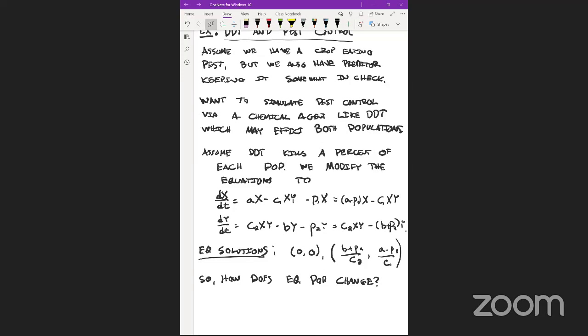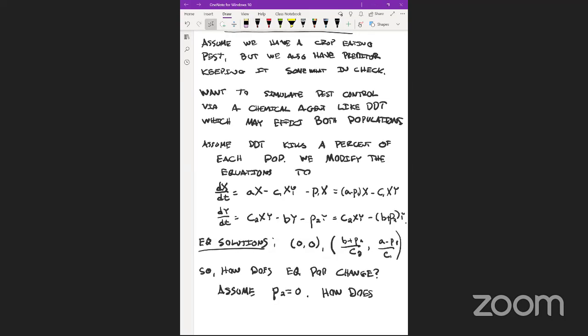But let's just assume that we don't kill off any of the predators at all. Let's assume that p2 is equal to 0. How does the equilibrium population for the prey change?